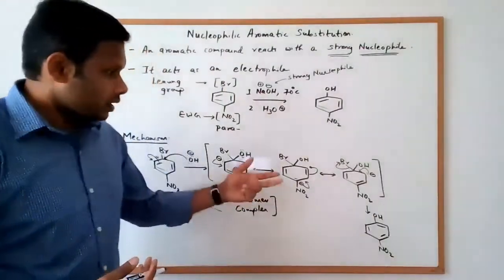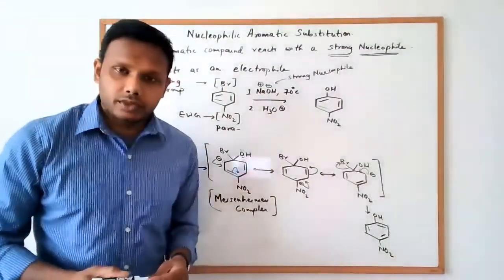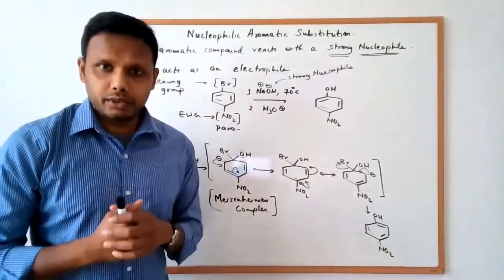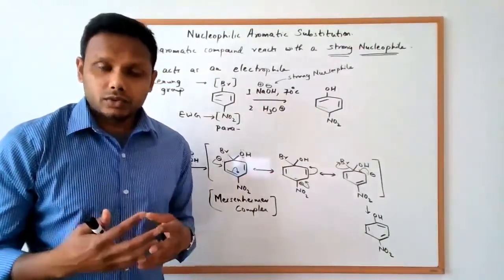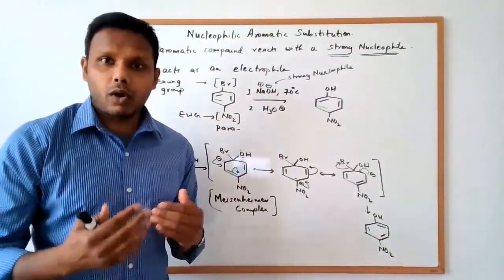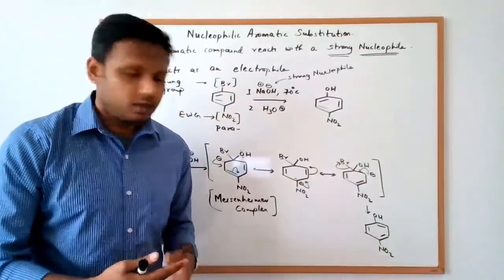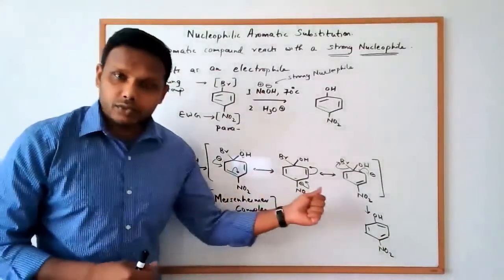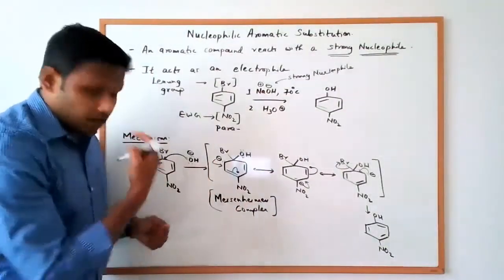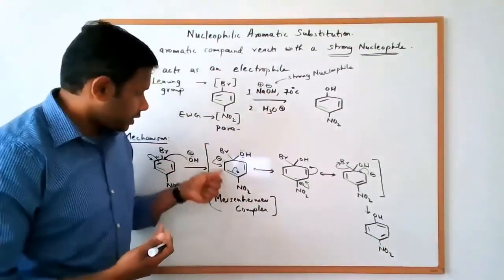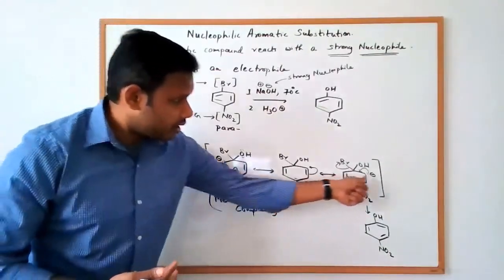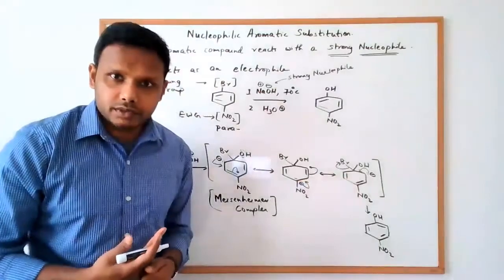Now, if we look at these resonance forms, we see the reason for why we need an electron withdrawing group here. And also why that electron withdrawing group should be ortho or para to the leaving group. So what we see in these resonance forms is that the negative charge, the carbanion that's generated, lands on the ortho, para, and the ortho carbons.